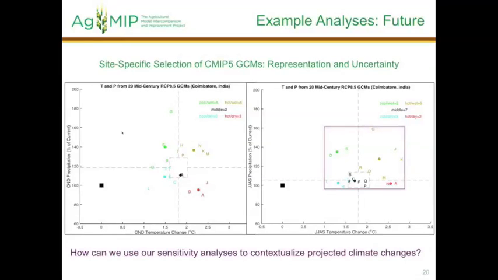Right. And so I wanted to just quickly show an example first of how we can use the sensitivity experiment, specifically in C3MP, to contextualize these future projected climate changes.